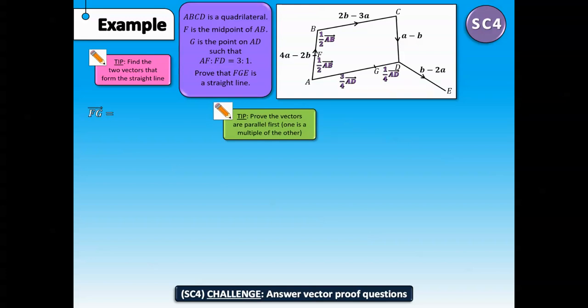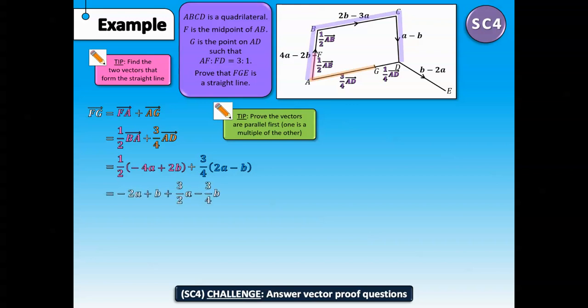So we can find vector FG first. Is FA plus AG. FA is a half BA, and AG is 3/4 AD. BA is minus 4a plus 2b, and AD is AB plus BC plus CD, which is 2a minus b.